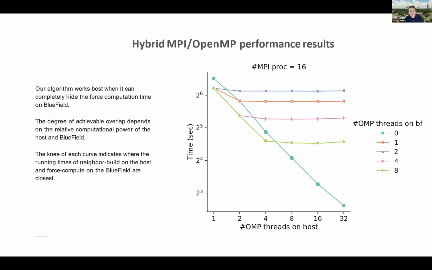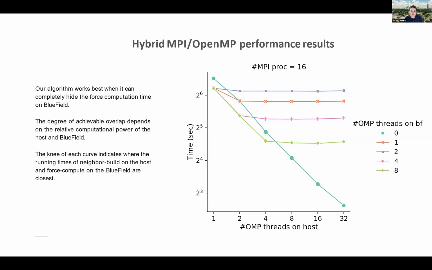This is a server grade CPU, and you're comparing it against a DPU, which in this case has 8 ARM cores. I forget exactly the model number on them, but Bluefield 2 is a little bit slower than a Bluefield 3. But it's never going to be able to match the raw computational power of the host server.